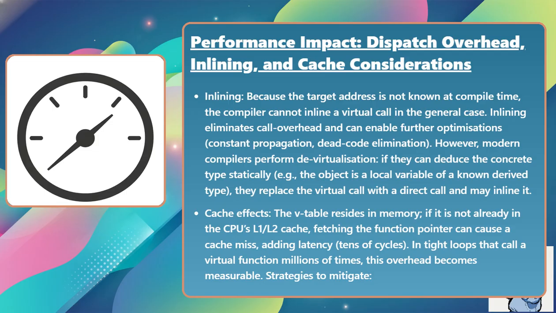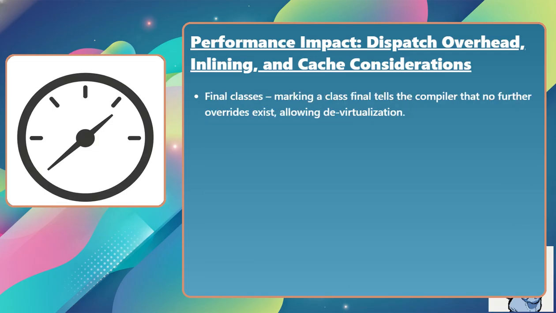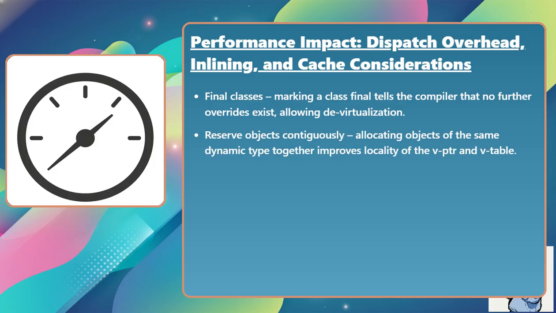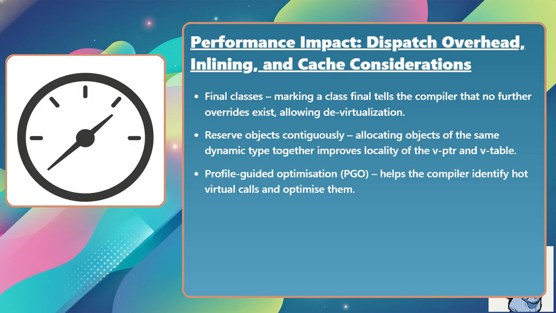Strategies to mitigate are as follows. Final classes: marking a class final tells the compiler that no further overrides exist, allowing devirtualization. Store objects contiguously: allocating objects of the same dynamic type together improves locality of the v-pointer and v-table. Profile-guided optimization, PGO, helps the compiler identify hot virtual calls and optimize them.